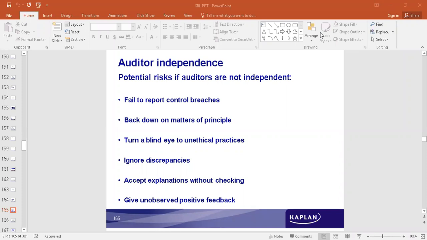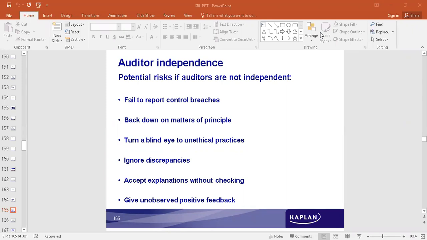Then they just back down on matters of principle. The ethical principles say that they should have fairness in the way they carry on the work. Confidentiality has to be maintained. They should have objectivity, that is, not being biased at times when decisions have to be taken.